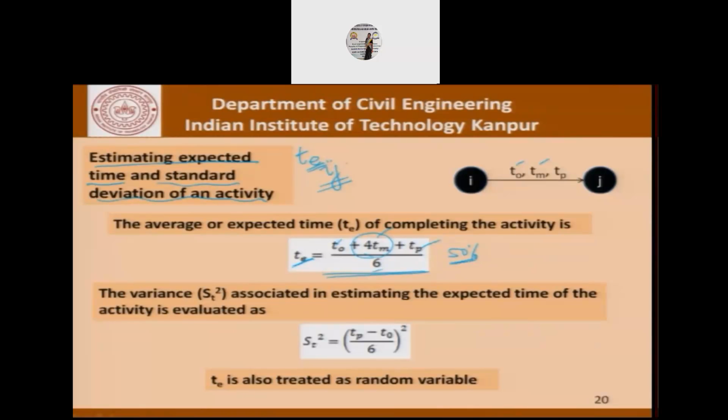Given that it is not normally distributed, TE does not conform to a 50% probability of completion of that activity. Continuing, the variance, that is sigma T squared, associated in estimating the expected time of the activity is evaluated as TP minus TO divided by 6, squared, and then we must reiterate that TE is taken as a random variable.